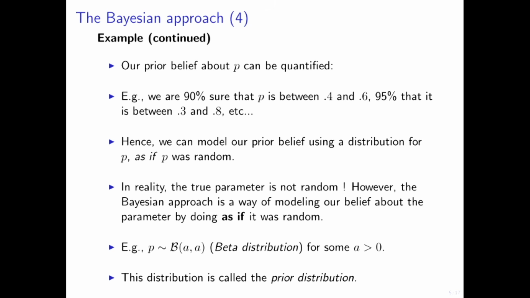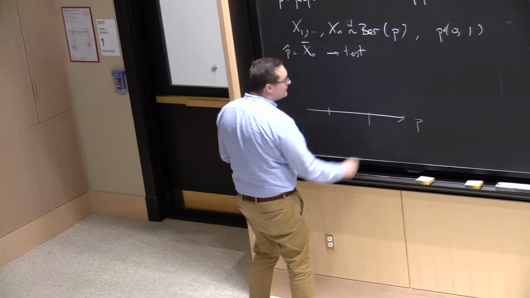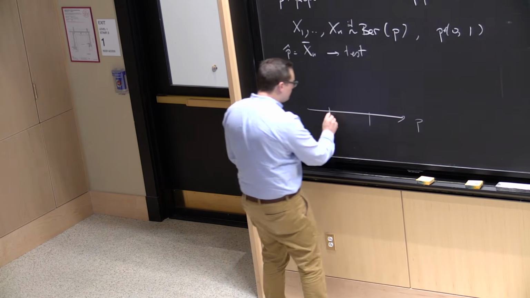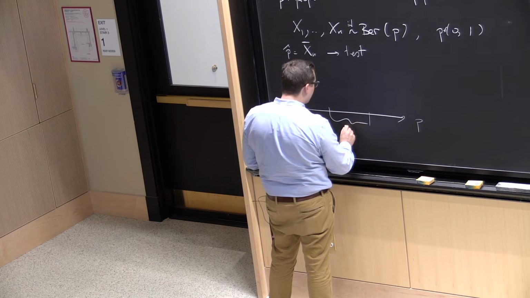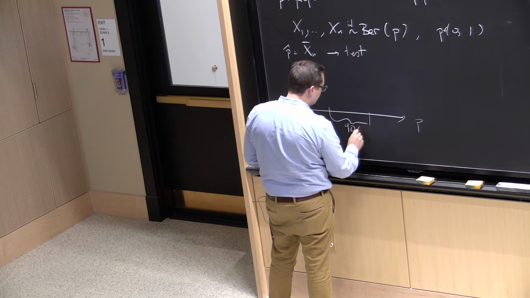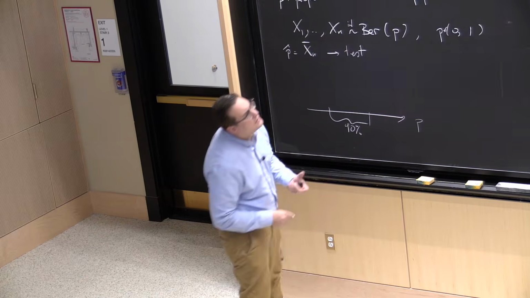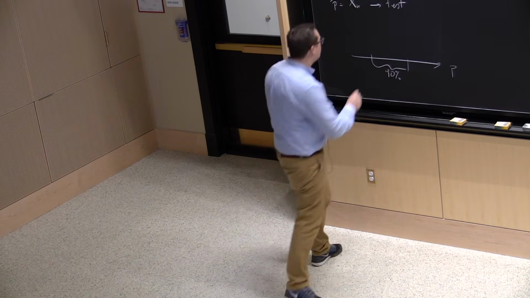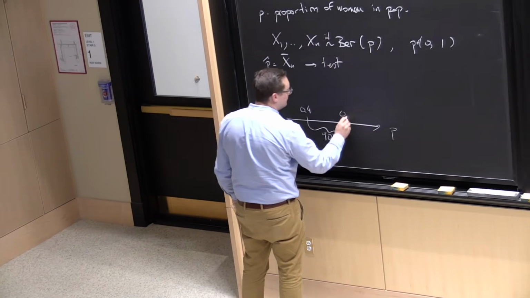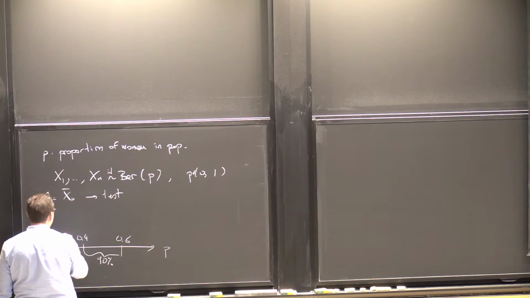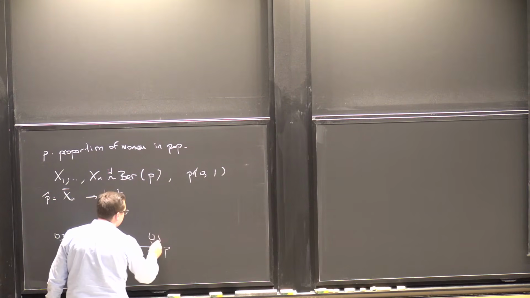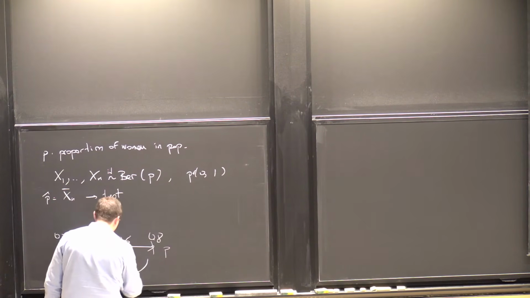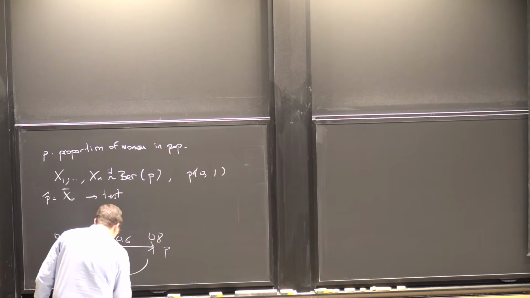OK, so essentially, I have this possible value of P. And what I know is that there's 90% here, between, what did I say, 0.4 and 0.6. And then I have 0.3 and 0.8. And I know that I'm 95% sure that I'm in here.